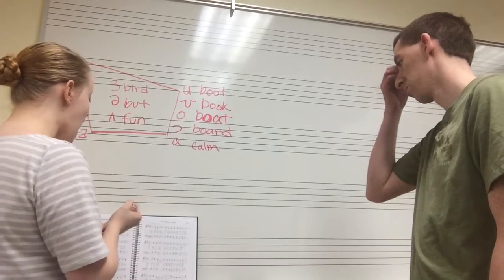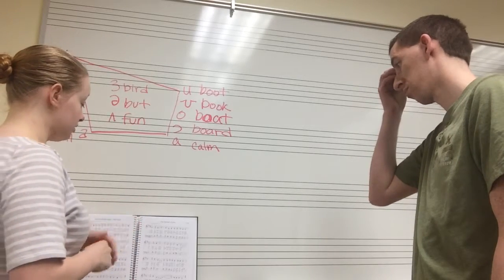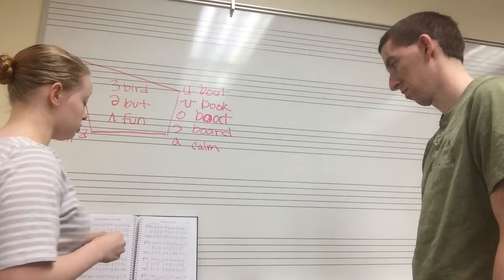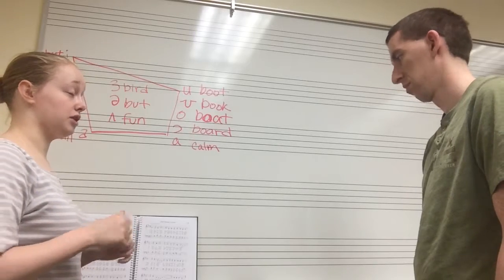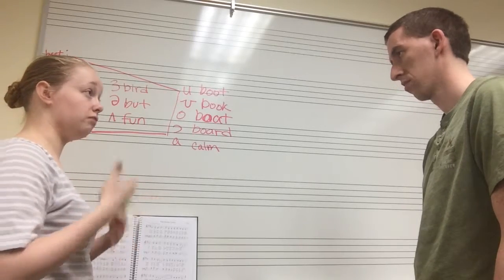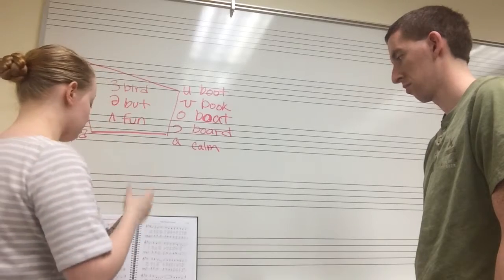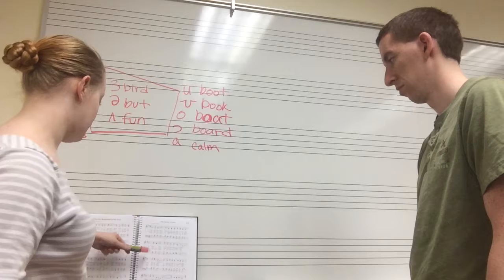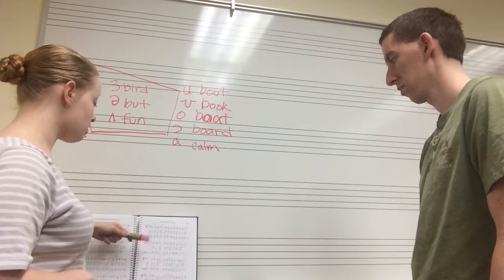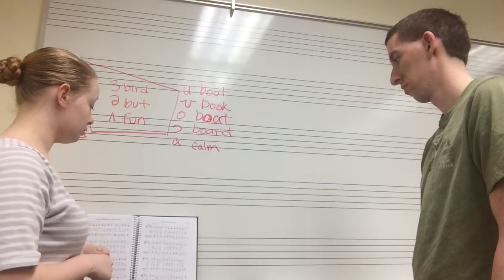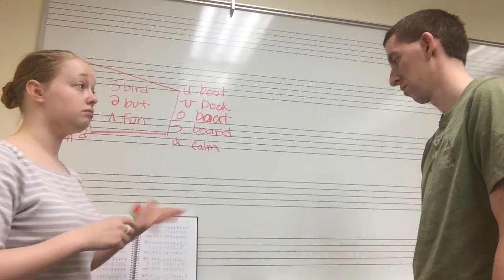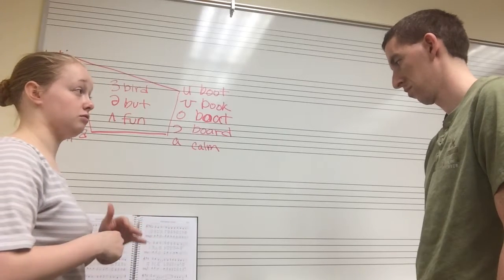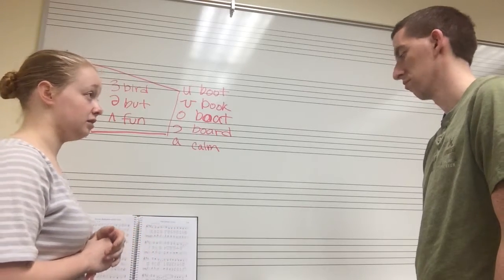So, as from above, we want to make sure we're not saying as. We want it to be a little more full, a little more rounded, which means rounding the inside of your mouth. As from above, we want to make sure that we're not singing it like we would say it.